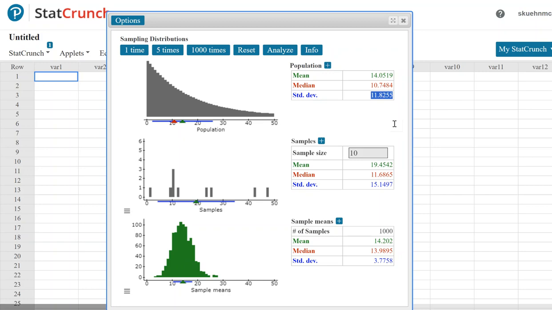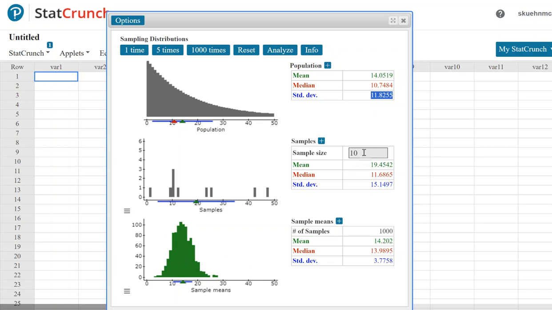So again, the mean and the standard deviation are following that same process or rules that we saw previously on normal distribution populations, but we had to increase the size of our sample to get the shape of our sample means histogram to become more normal.